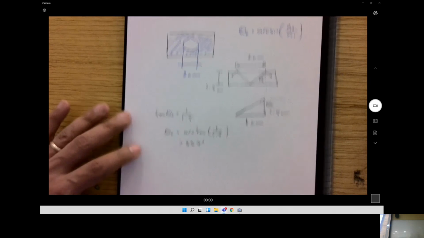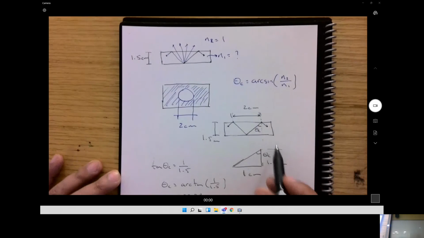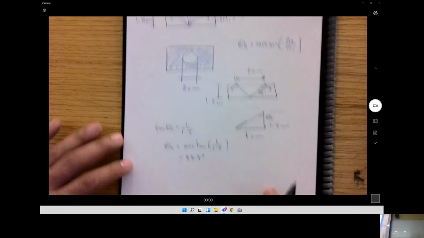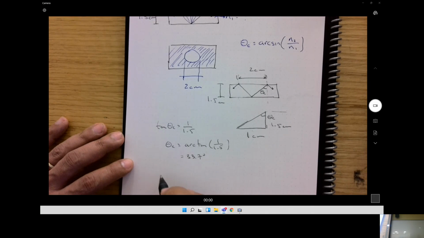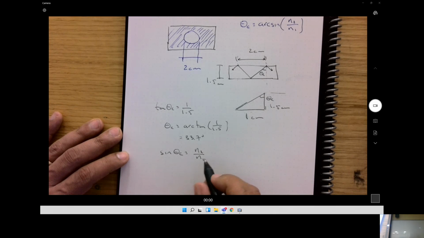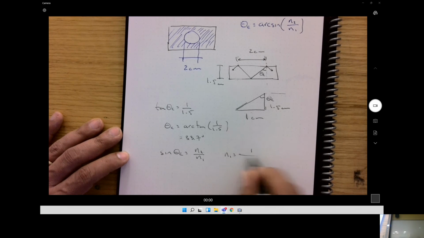So now that I have that, I can go back to the equation that I derived from Snell's law. And I'm going to say that sine of the critical angle is equal to N2 over N1. And I'm solving for N1. N2 is air, so this is just going to be 1. So N1 is going to be 1 over sine of 33.7 degrees.